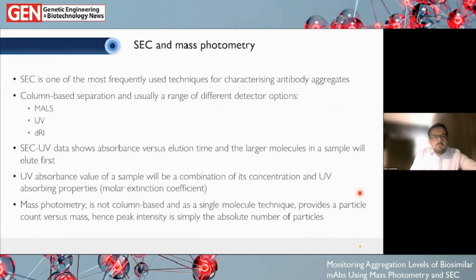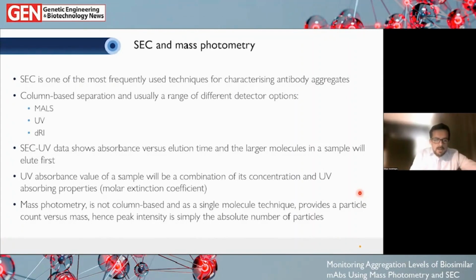SEC is one of the most frequently used techniques for characterizing antibody aggregates. It is probably considered to be the gold standard analytical tool in that space. It's column-based separation, and there are usually a range of different detector options, so MALS, multi-angle light scattering, UV detectors, and also differential refractive index detectors.